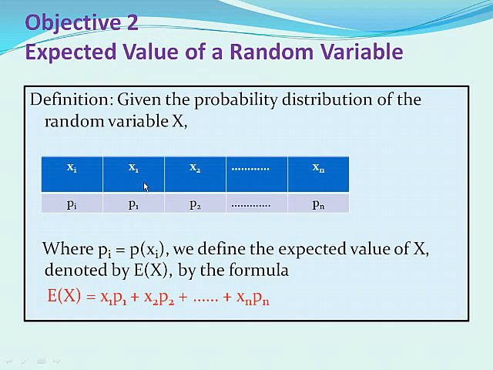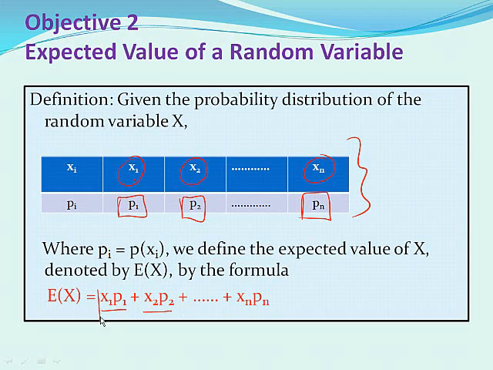Objective 2, expected value of a random variable. Suppose we are given a discrete probability distribution like this, with x taking values x1, x2 and so on up to xn, and the corresponding probabilities given as p1, p2 all the way up to pn. The expected value is calculated by multiplying the random variable values with the corresponding probabilities and adding them together, which is this expression: x1 multiplied with p1 plus x2 multiplied with p2, and keep on doing like that all the way up to xn multiplied with pn.